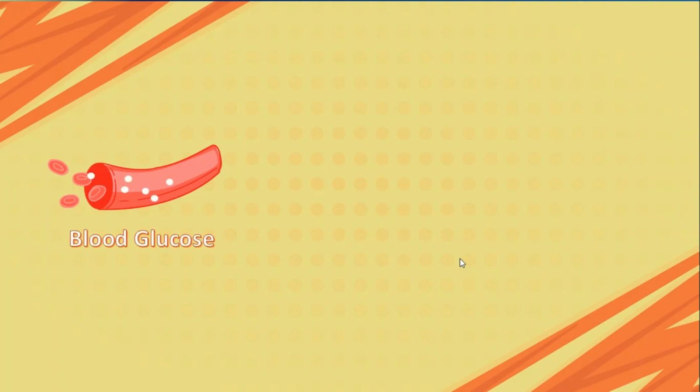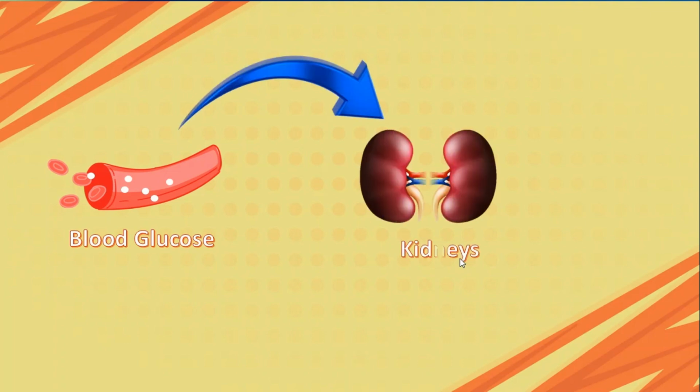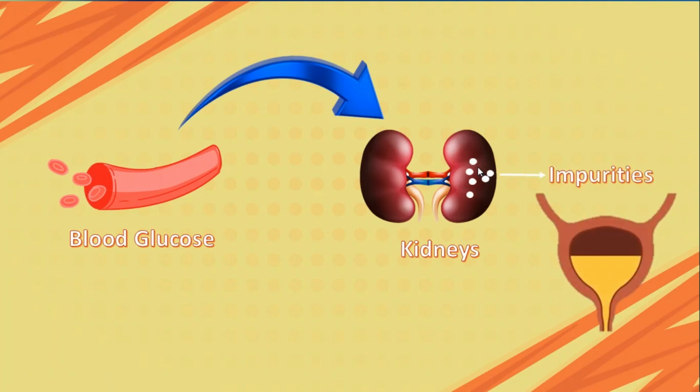Friends, we are aware that the blood vessel which is carrying blood also carries the glucose with it. When blood travels from the blood vessels to the kidney for filtration, along with the blood, the glucose also enters into the kidney. Kidneys remove the impurities in the form of urine.